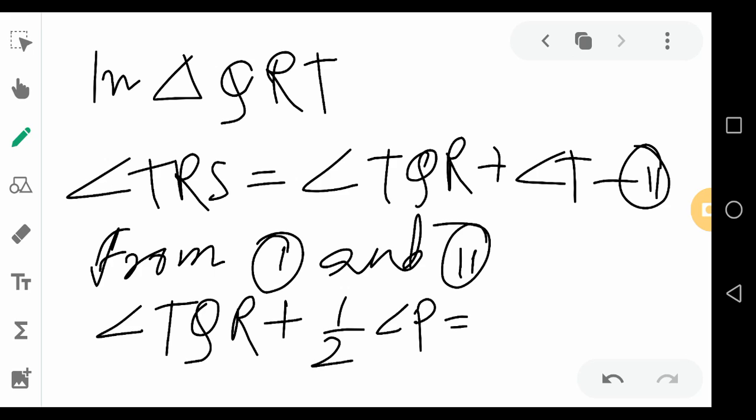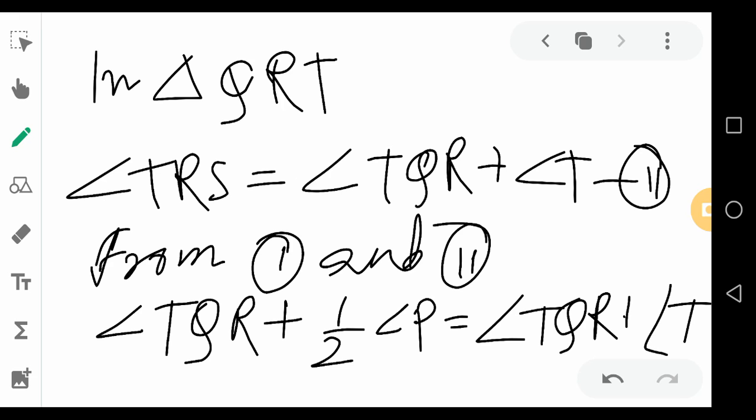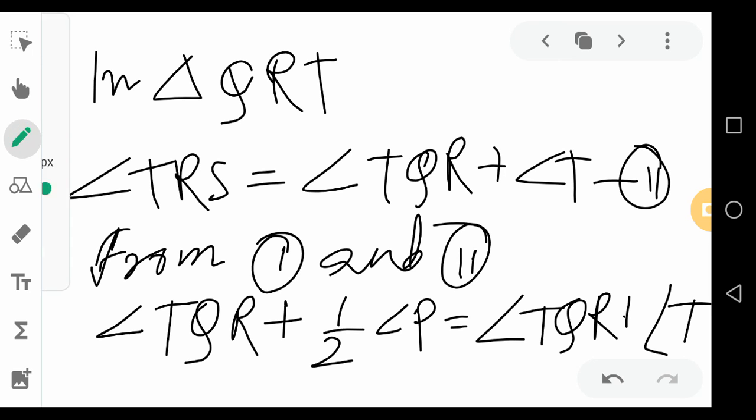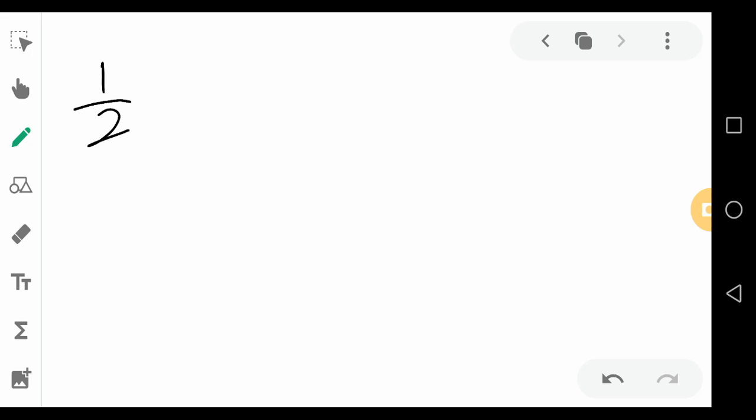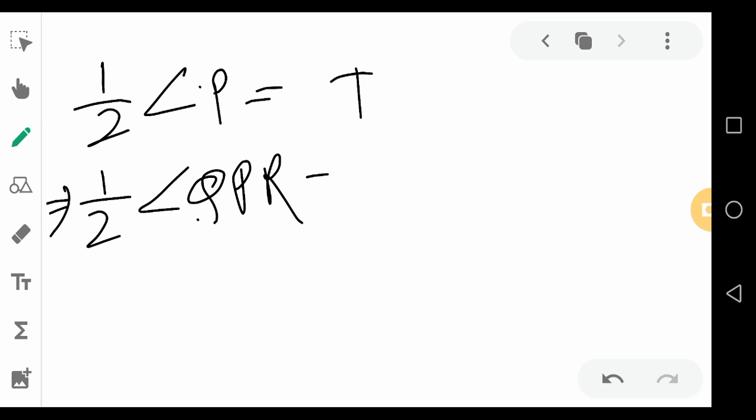We can write TQR plus T. Now TQR plus 1 by 2 P equals TQR plus T; TQR cancels out. 1 by 2 P is equal to T. So we can write 1 by 2 angle P is equal to T. Now P means QPR, so 1 by 2 angle QPR is equal to T, meaning angle QTR.